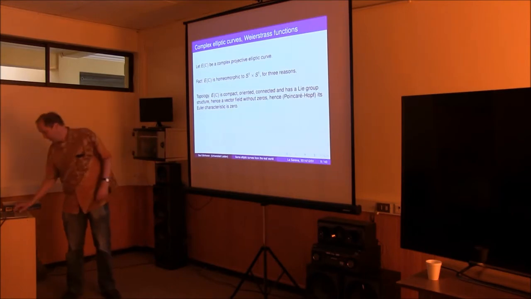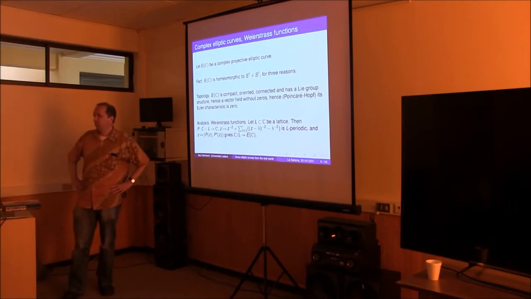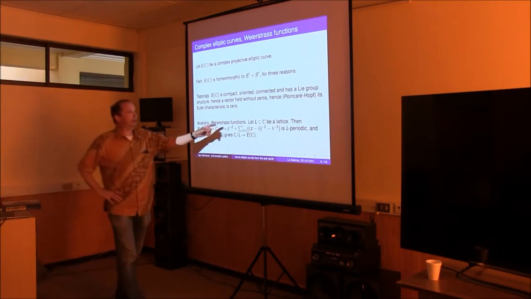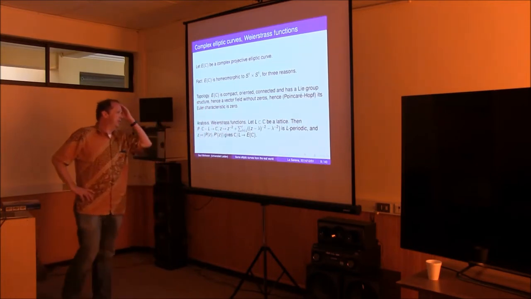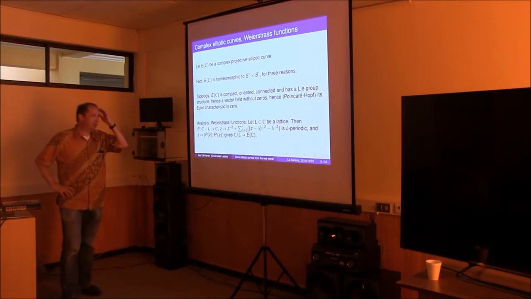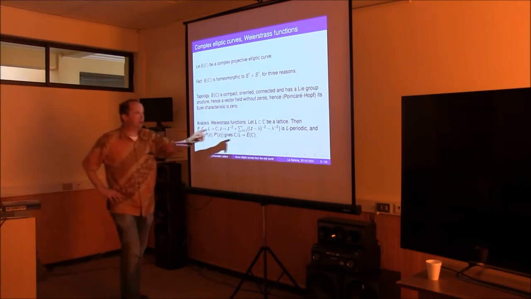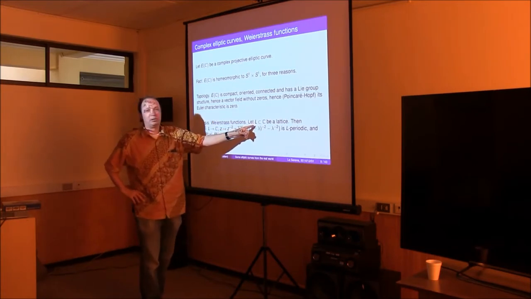Okay. But you can be also more explicit. You could say, well, Weierstrass is a bit older than Poincaré and Hopf. So Weierstrass came to elliptic curves in another way. He looked at the complex numbers and he said, suppose in the complex numbers you have a lattice.